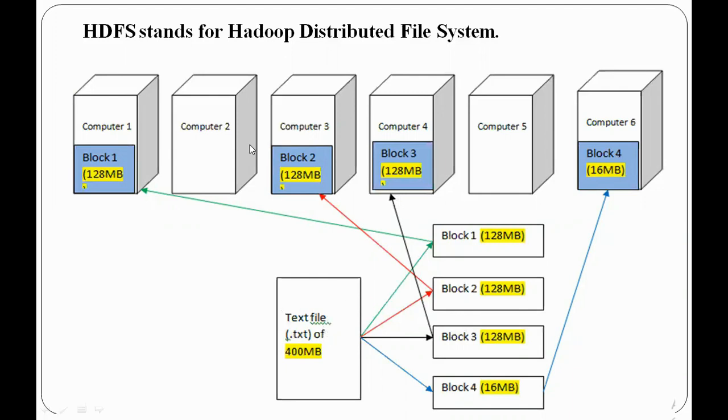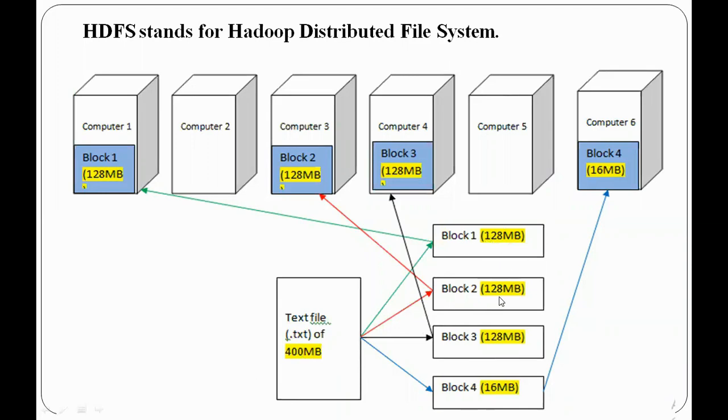Here, according to HDFS concept, this file of 400 MB is divided into different blocks. In HDFS, each block size is maximum set to 128 MB.